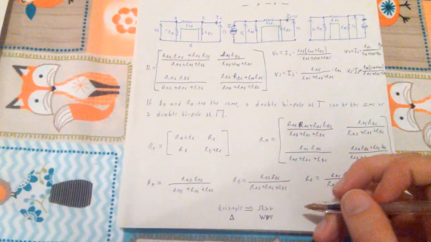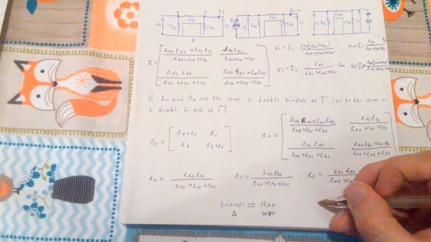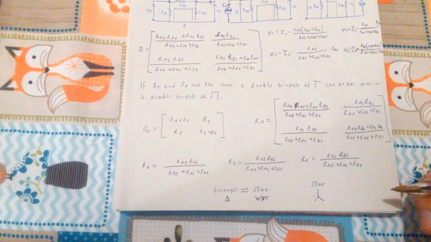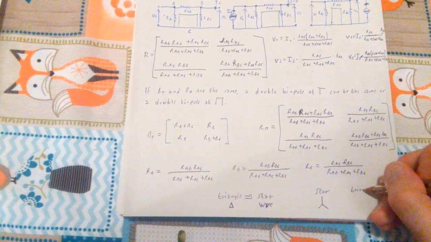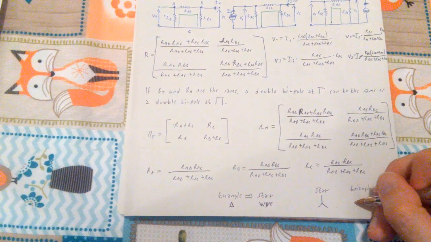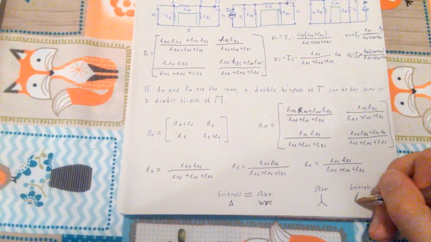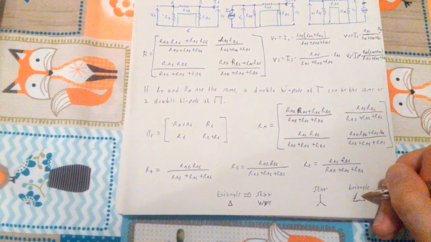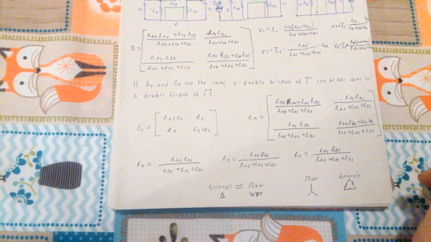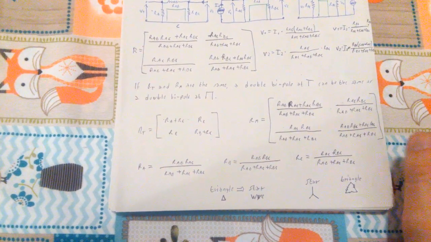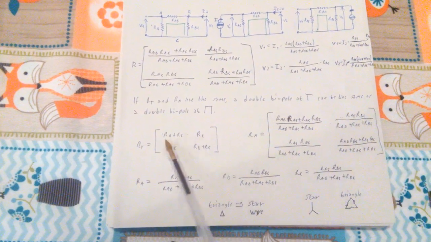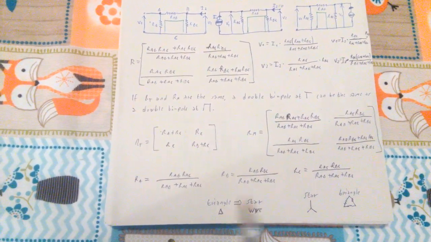So in a very, very simple way, a star would actually be something like this, and a triangle will be something like this. Okay, so this is what we mean with double bipoles at T and at pi, and those are the formulas to go from triangle to star.